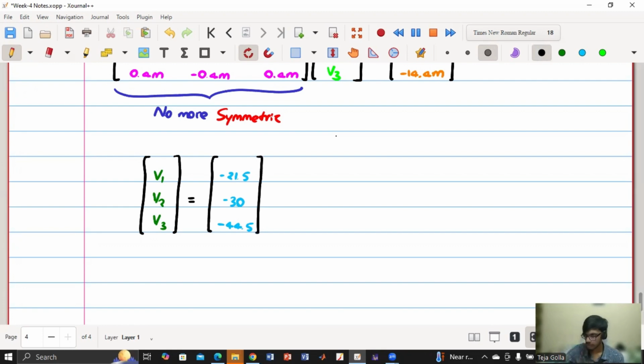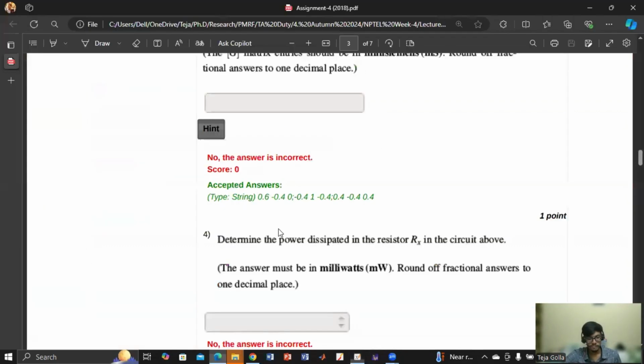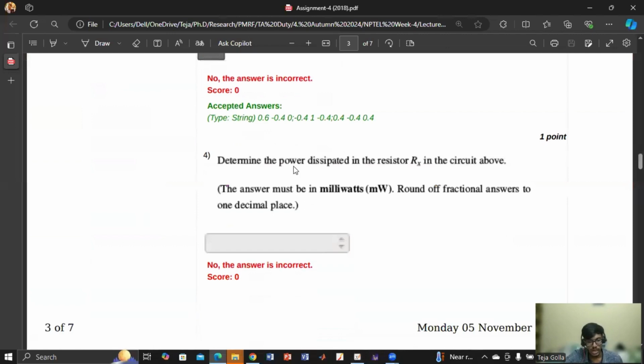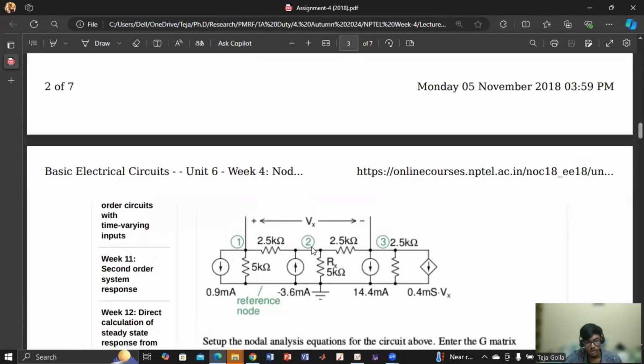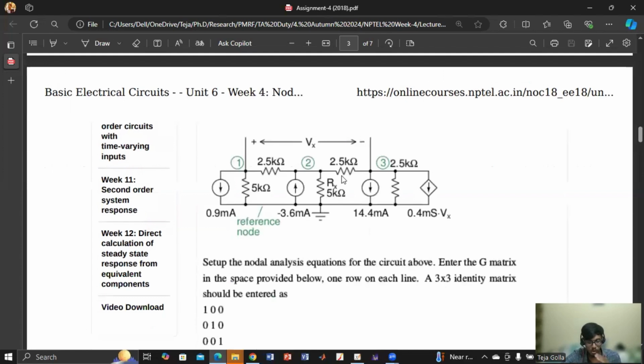So now if these are the answers, they are asking what is the power dissipated in the resistor Rx. If I have the node voltages V1, V2, V3, how do I calculate the power dissipated in this Rx?